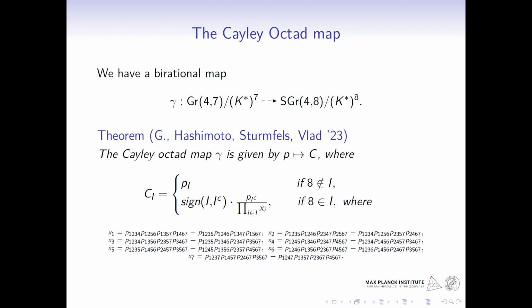So there is a birational map here from the Grassmannian 4-7 into the self-dual Grassmannian 4-8. We call this the Cayley octet map, and we compute what the map looks like.